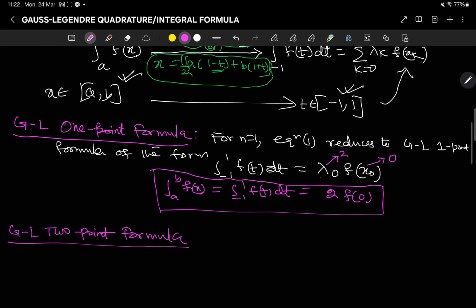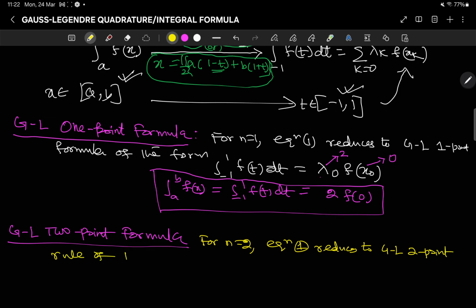Then coming to the Gauss Legendre 2 point rule, for n is equal to 2, equation 1 reduces to the Gauss Legendre 2 point rule of the form integral minus 1 to 1 f(t) dt is lambda 0 f(x0) plus lambda 1 f(x1).